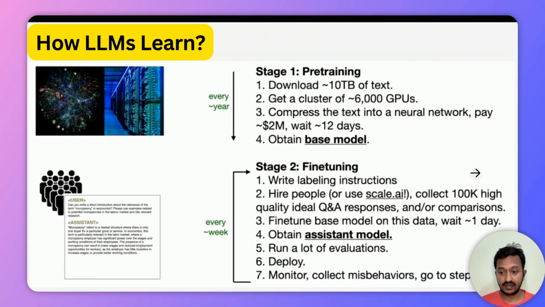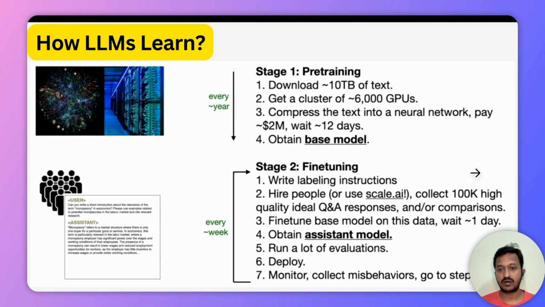Okay, so how do LLMs basically learn? I have taken this particular image from Andrej Karpathy's video, and I found it really interesting. The first thing is pre-training. You download 10 TB of text from the internet.